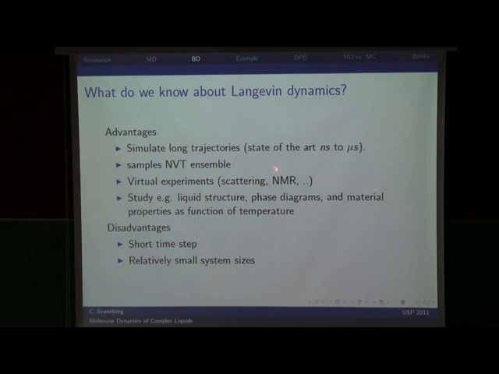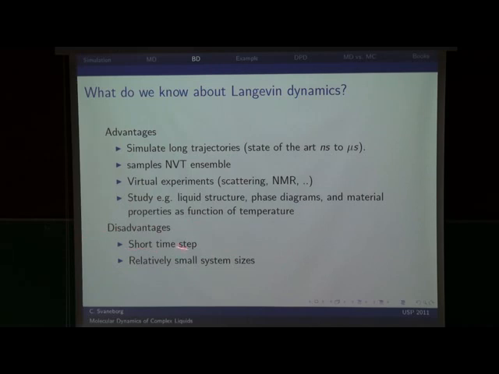So what we can do now is make samples in the NVT ensemble. Again, we can carry out any virtual experiment that we want to do, and we can again study liquid structure, phase diagram, material properties, now as a function of temperature and not energy, because we do not really know how to relate energy in the simulation to energy in the experiment. But again, we have a disadvantage.